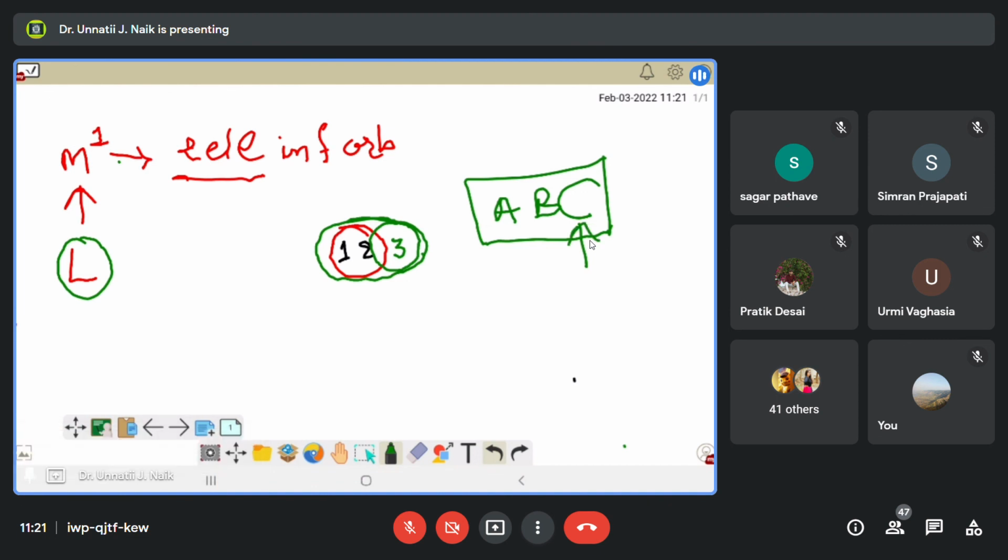But if we consider the lower, that is the stable term symbol associated with the arrangement, then only two parameters A and B will be there.